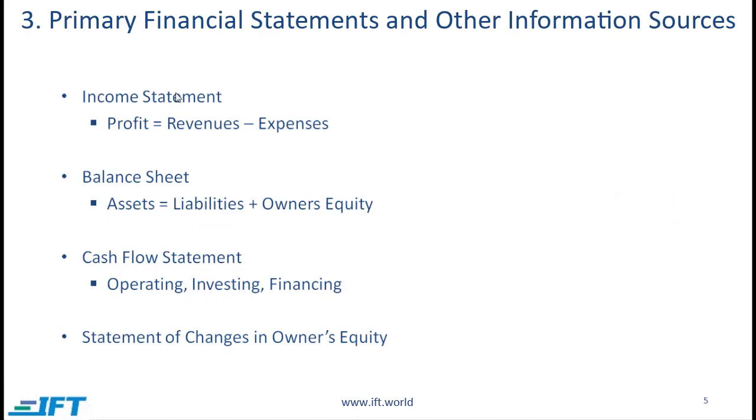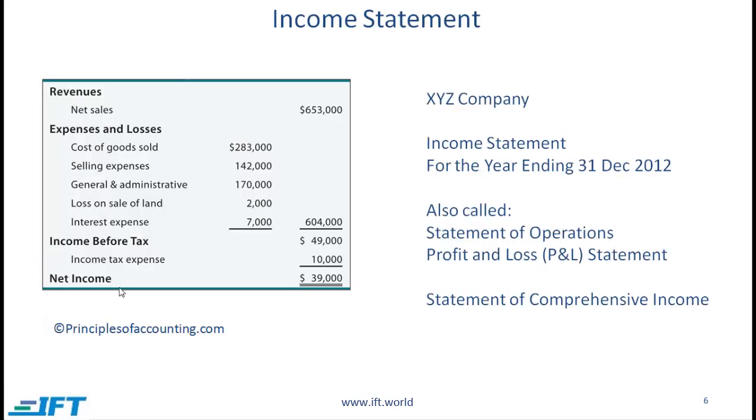Here are the four major financial statements: the income statement, balance sheet, cash flow statement, and statement of changes in owner's equity. Let us look at a simple version of the income statement over here. Later in the course, there is a long reading on the income statement, so obviously details will be covered there. But very briefly, the income statement is for a period.